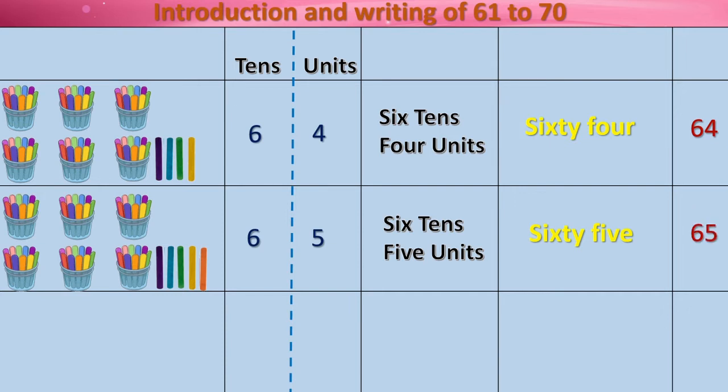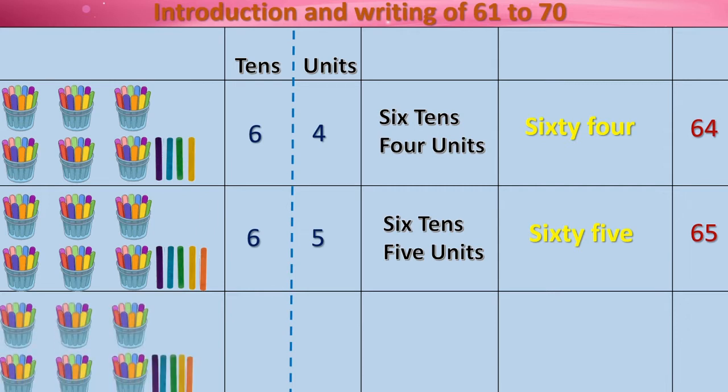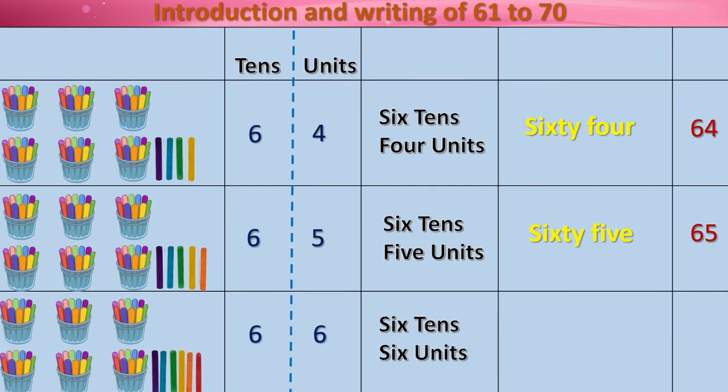Right? Okay, we are going to add one more stick to these 65 sticks. See here. Okay, now here we got 6 tens, 6 units. Correct? And the number is 66. In numerals 60 and 6. Right? Very good.